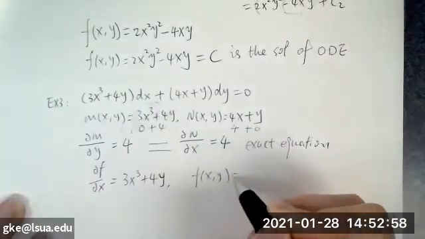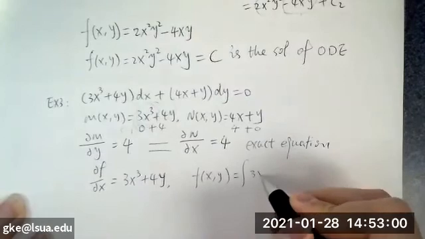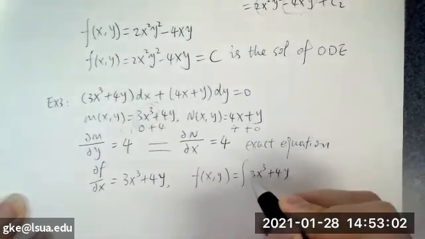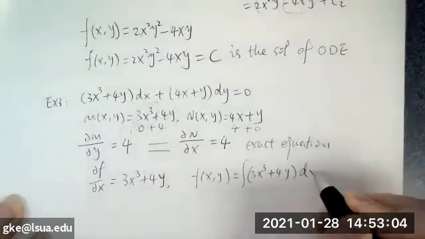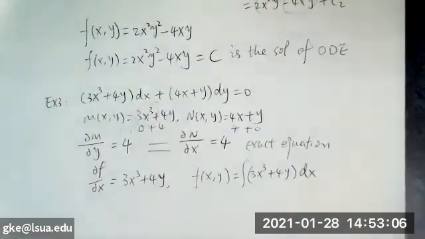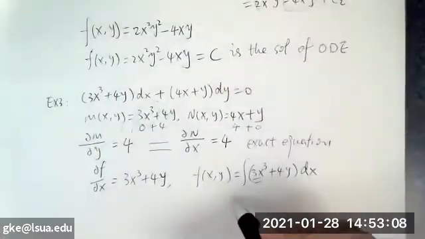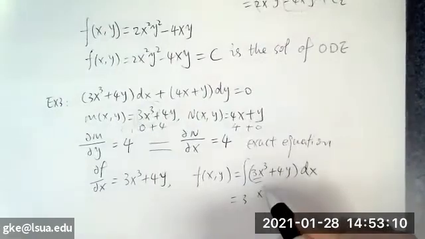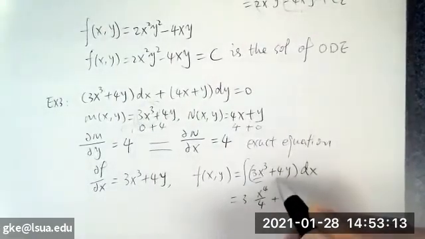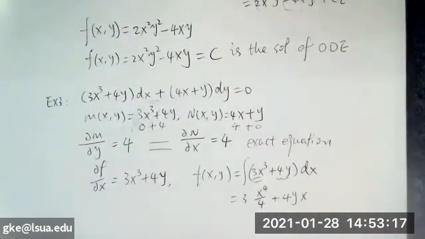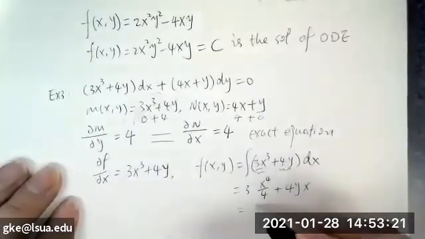Do the integral. For the first term, we do the integral and get x to the fourth over 4. The second term is a constant, so just times x.